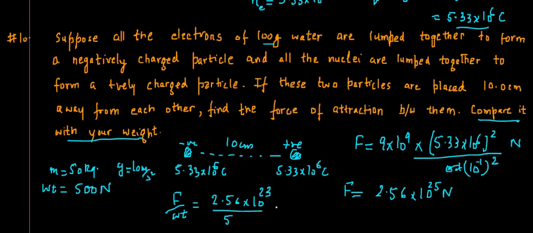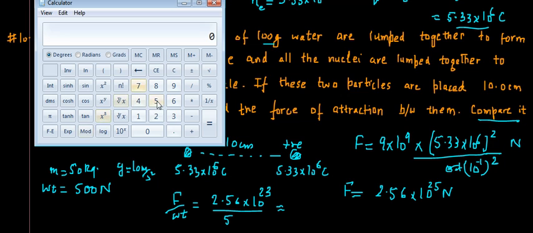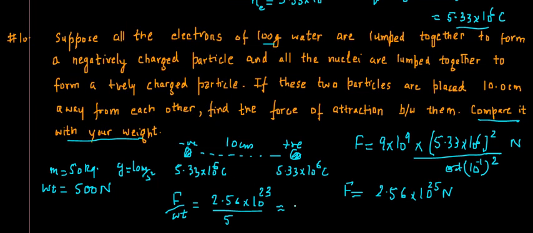So when you divide this number, let's see how much value we'll get. 2.56 divided by 5, and we get 0.512, and that is equal to approximately 5 into 10 to the power of 22. So a very large number.